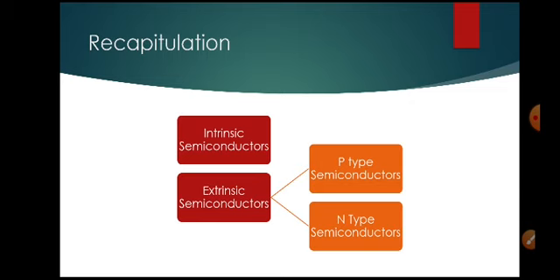So by adding trivalent, there are 3 electrons in the outermost orbital. They combine with electrons of pure germanium or silicon.